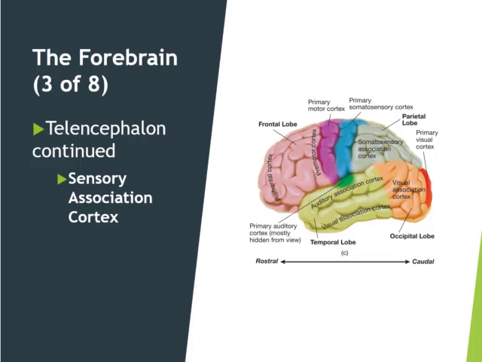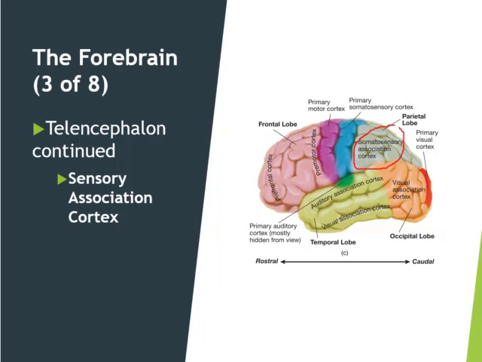Again, continuing with the forebrain, you can see that the sensory association cortex, back here in gray, receives information from each of the primary sensory areas. It has circuits of neurons that analyze received information.